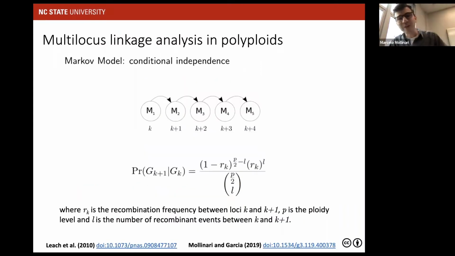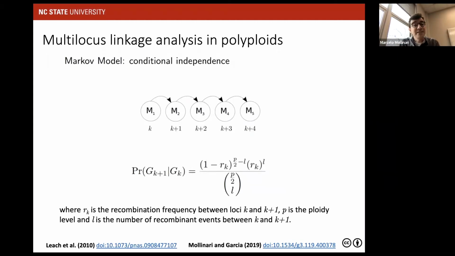And the way we did this was using something we call hidden Markov models, right? So the Markovian property is something that is very important in genetics, and it's used all across genetics. It's such an important model.